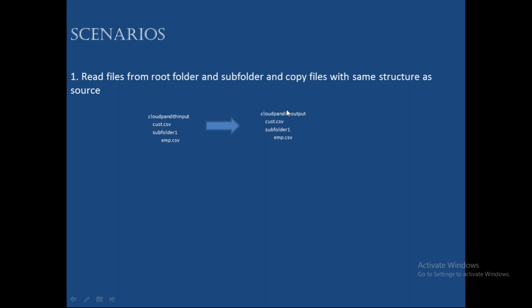Under Cloud Pandit output, I will get custod.csv, the same folder name, and under that all the files we have in the subfolder. So we get the same structure, but my root container name has changed. From Cloud Pandit input, I moved all these files into Cloud Pandit output.